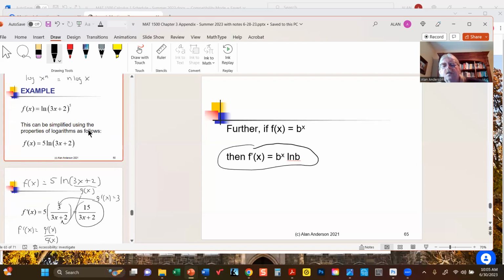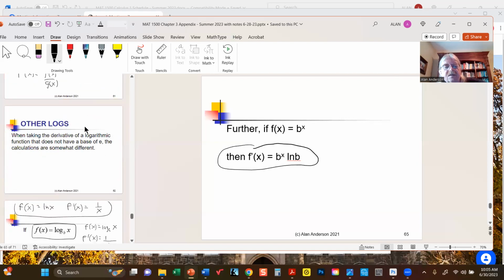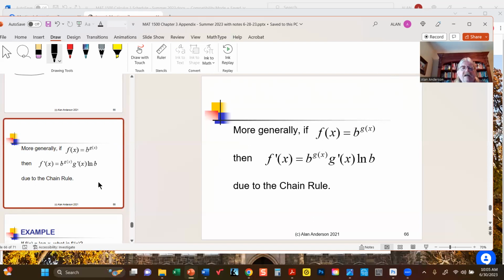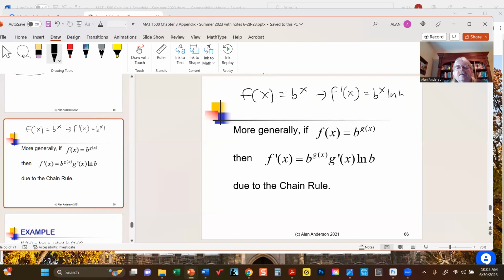And now, of course, what about the case where it's b to the g of x? What do we do then? Okay, remember, if f of x is b to the x, then f prime of x is b to the x log b.